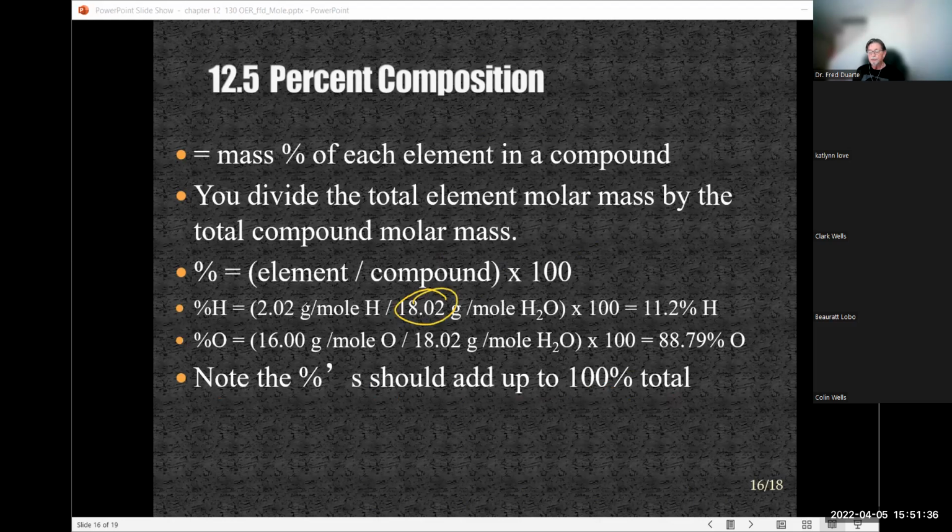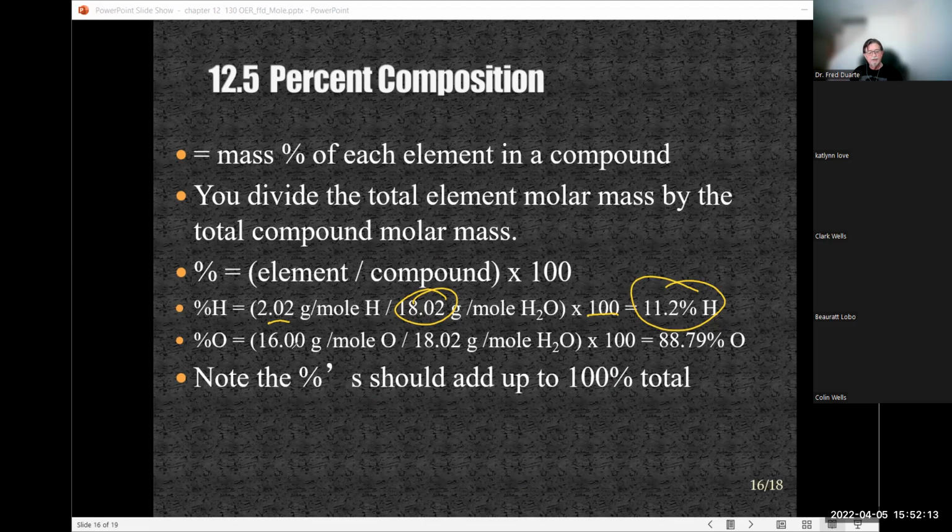Water has 2 hydrogens and 1 oxygen. So the total hydrogen contribution to the molecule of water is 2.02 grams per mole, okay? Because there are 2 hydrogens. If we take that and divide it by the total molar mass and multiply by 100, that gives us the percent composition of hydrogen, okay? So water is composed of 11.2% hydrogen.